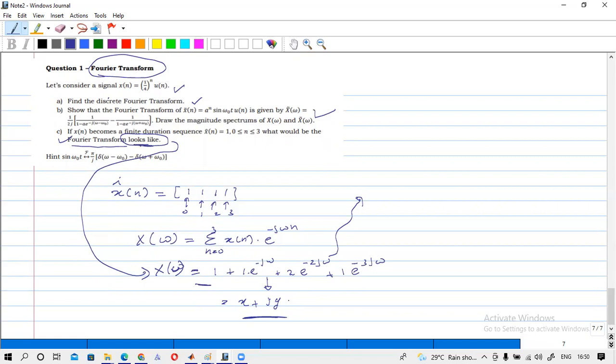Then you can find the magnitude, which will be the square root of x squared plus y squared. Then you can change the omega value and plot it.